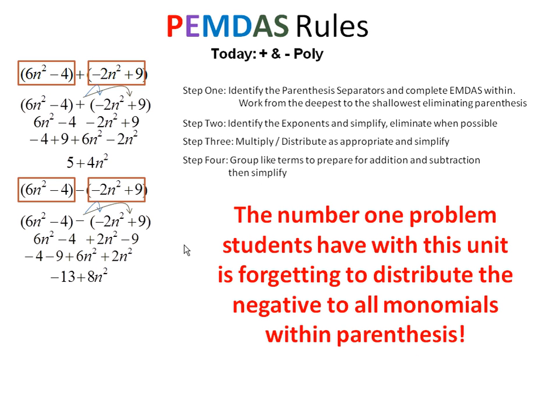Number one problem students have with this entire unit is distributing that negative. It's going to be very easy to make that mistake, so keep it in the front of your mind at all times that if there's a minus sign or a negative with a number before any parentheses, you're distributing the negative with the value.